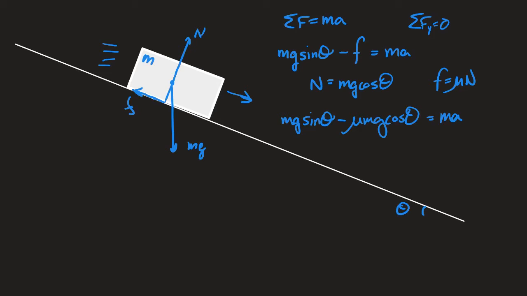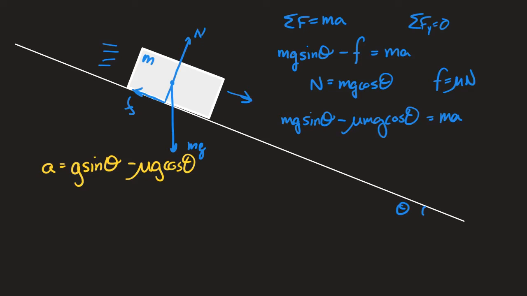All review, right? All first semester, relatively okay physics stuff. Nothing particularly interesting. If you want, I could say the acceleration is g sine theta minus mu g cosine theta.